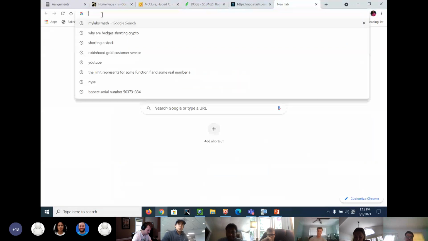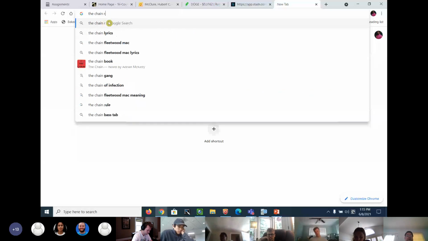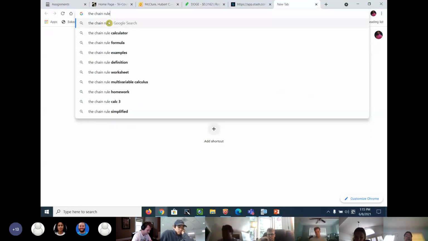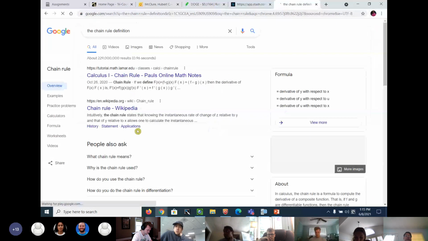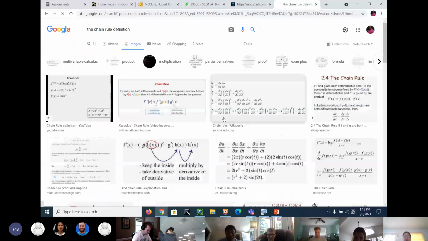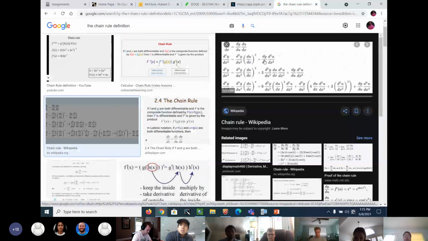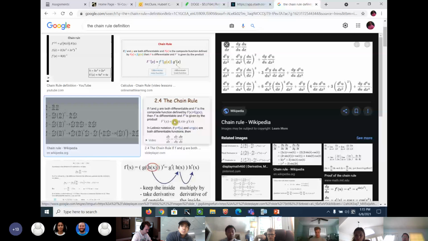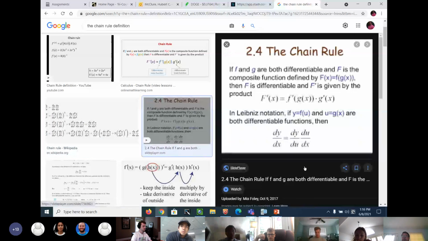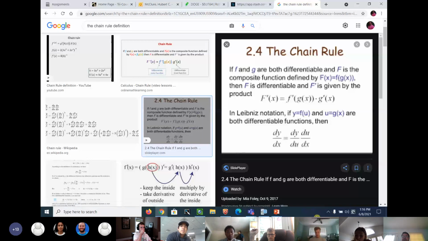The chain rule definition and images. There's part of the chain rule right here. There's part of the chain rule. There's part of the chain rule. If I started you with this, half of you would be lobotomized.